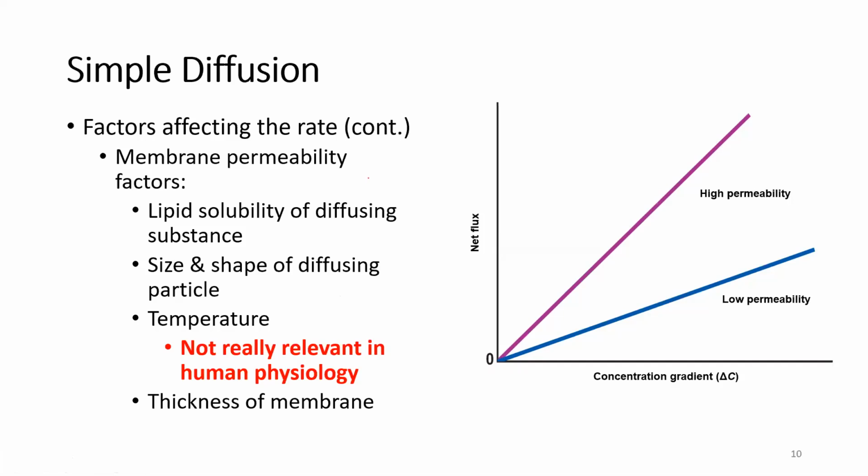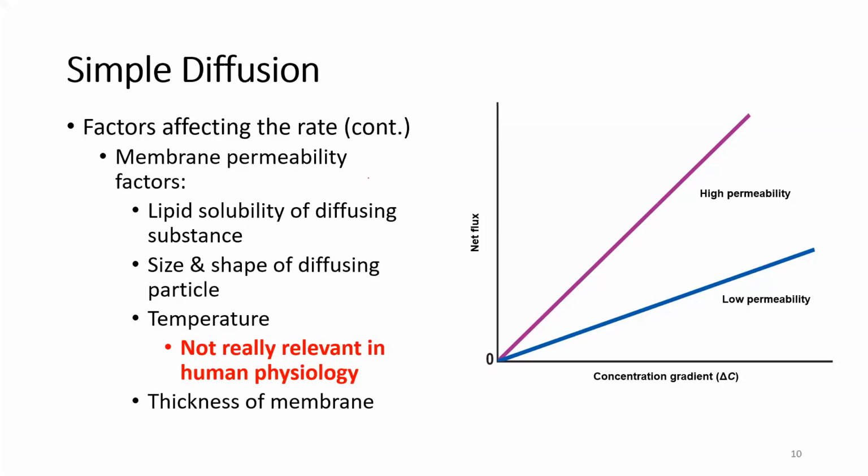The temperature of the environment is going to influence the permeability of the membrane. This is not as relevant for human physiology, simply because we have a set core body temperature and we don't really deviate very far from that within the bounds of homeostasis. So while a warmer environment, while heat will increase the rate of movement of particles, right?